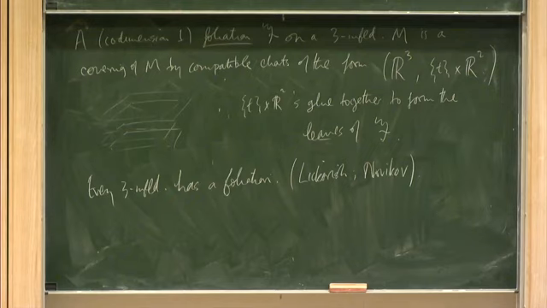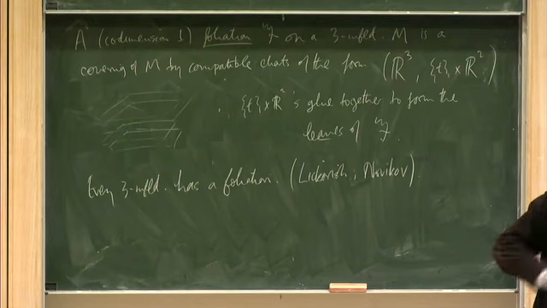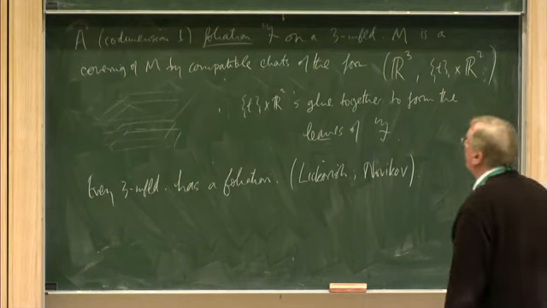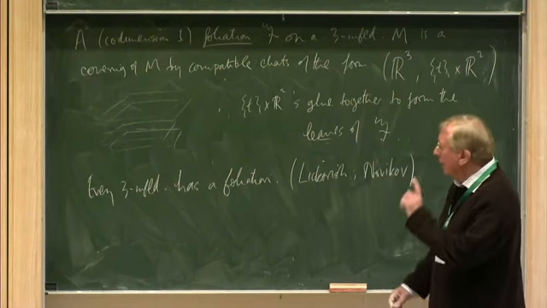Well, the thing is that there's a thing called the Reeb foliation, which is a slightly bizarre foliation of a solid torus that you can use to prove that every three manifold has a foliation. So in some sense, this is not a pretty interesting concept.